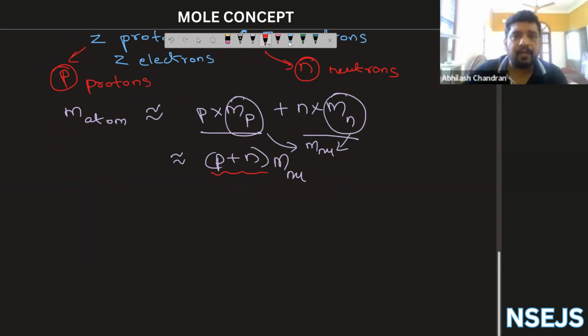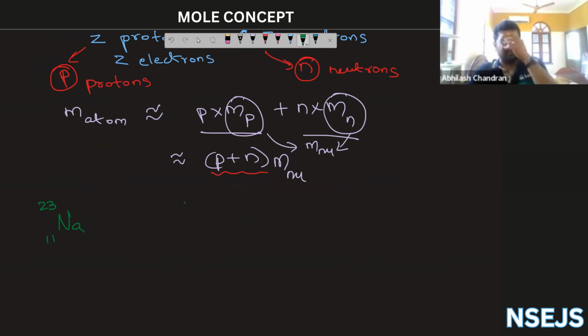Let me, for example, write sodium, which is 11 23. I have sodium 11 23. So here I have 11 protons and I have 12 neutrons. So your mass will be approximately 23 times the mass of a nucleon.